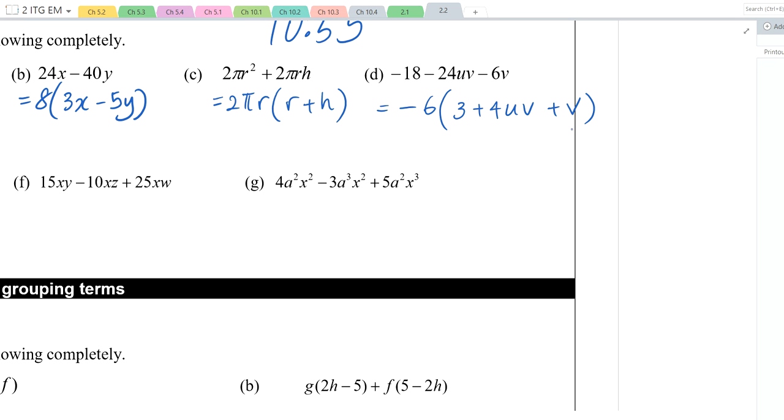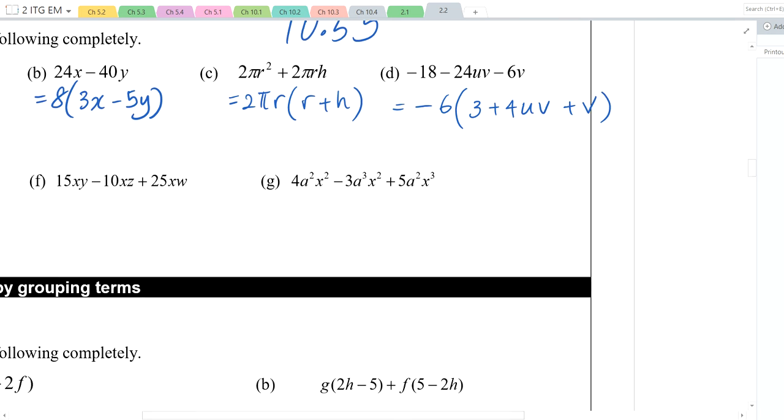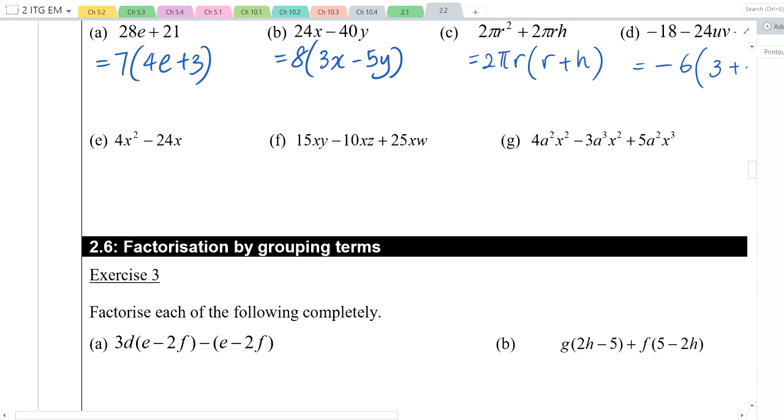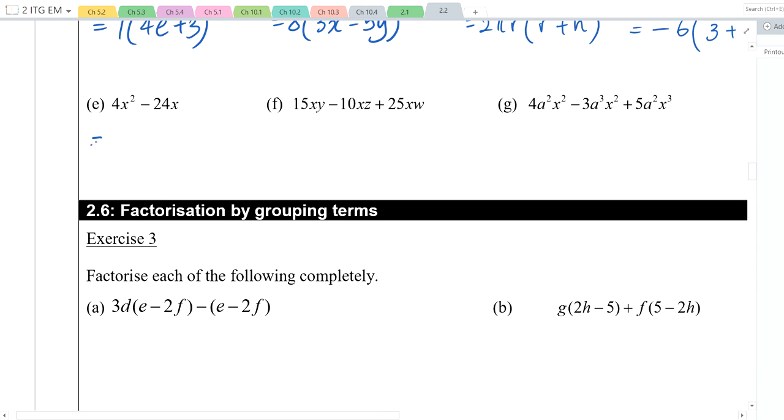Next, I think I can factorize out 4x. So I'm left with x minus 6. Next one, I think I can factorize out 5x, leaving me with 3y minus 2z plus 5w.